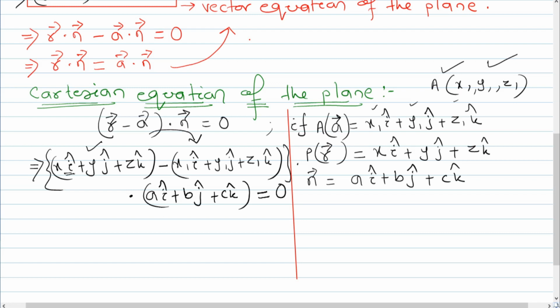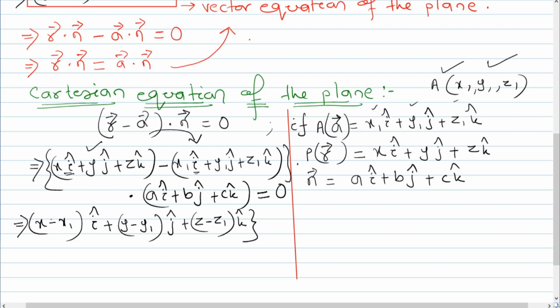Now taking i as common, we are left with (x minus x1) into i cap, likewise (y minus y1) into j cap plus (z minus z1) into k cap, total dot product with A i cap plus B j cap plus C k cap is equal to 0.